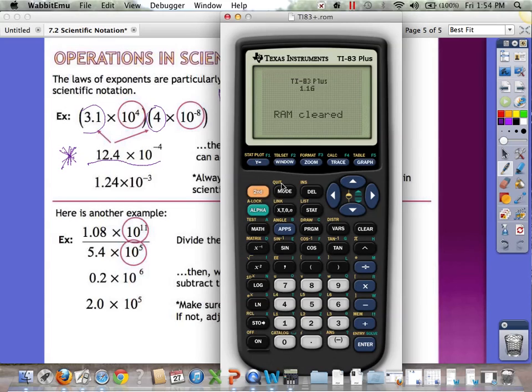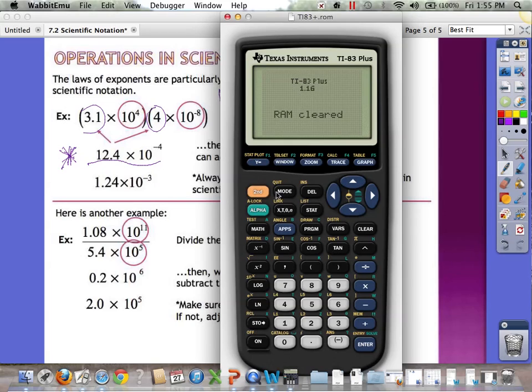And you can take it out of scientific notation or put it back in, depending on what you're doing. I would not put it in scientific notation until I am working in scientific notation, okay, because it can mess up your answers for other things.